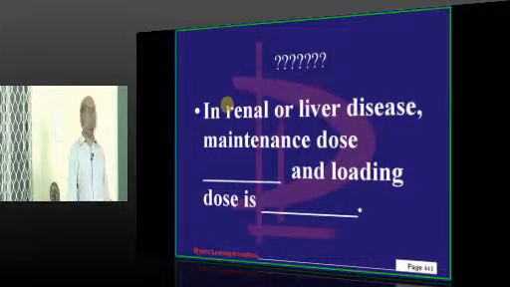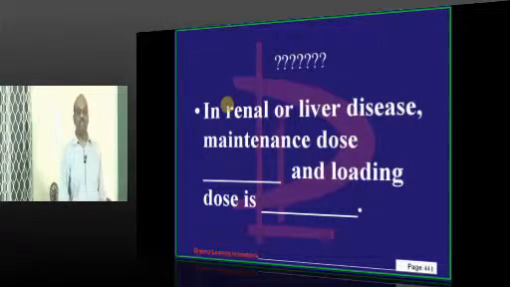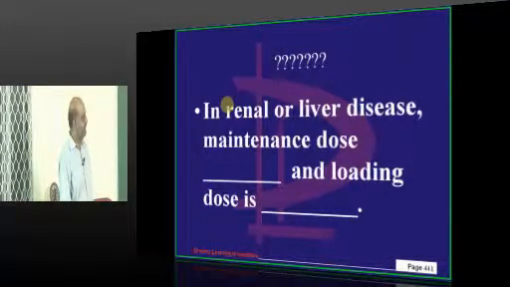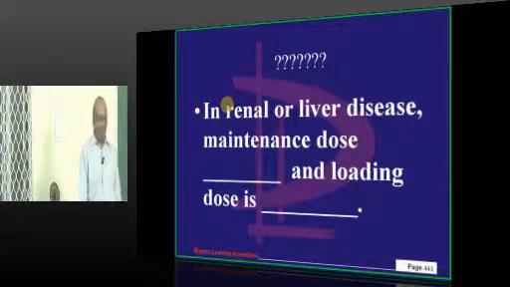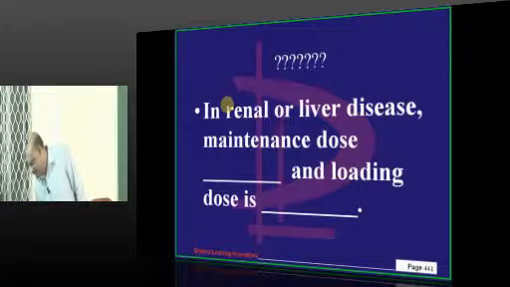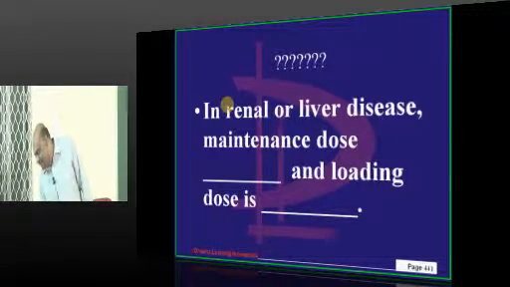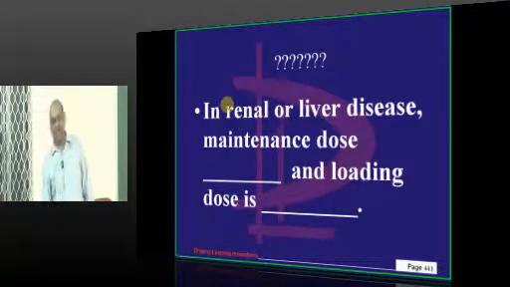Loading dose increases, says Shravani from GMC. What is maintenance dose? What will happen to maintenance dose? Yes, doc. Maintenance dose decreases, loading dose same, says Sumati.